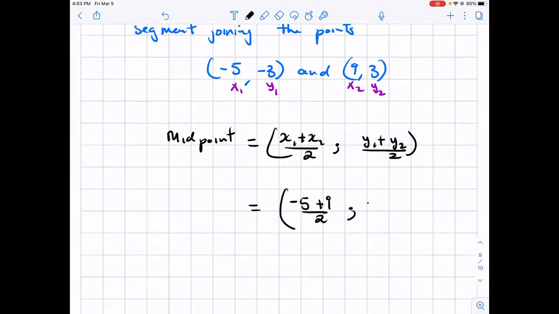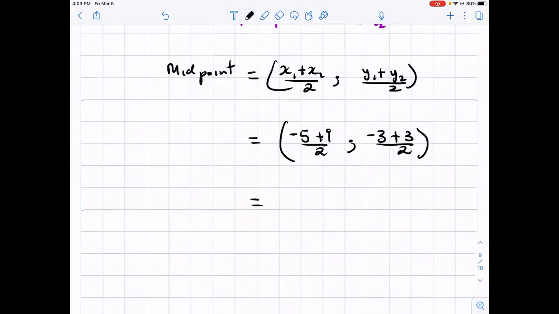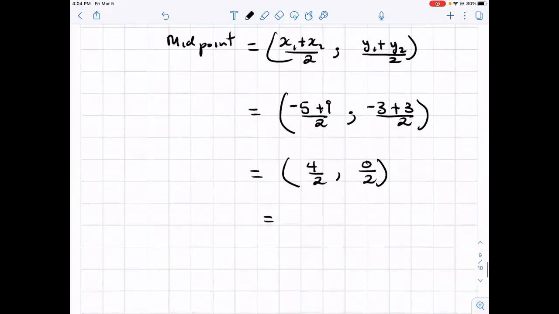And the y1 is -3 plus the y2 is 3 over 2. So this becomes -5 plus 9, okay, which is 4 divided by 2, -3 plus 3 is 0 divided by 2. So the midpoint here is the point 2, comma 0, right?